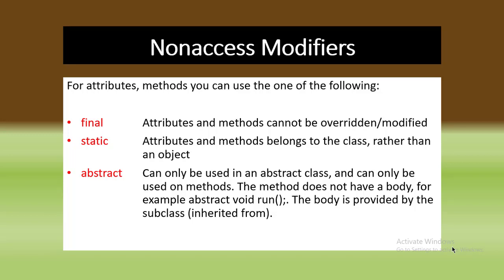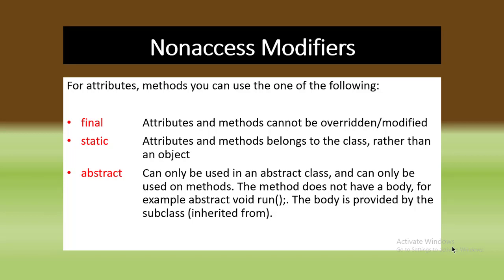For example, I create a variable: final name equals Danish. We can't modify this name because the name is final. When we make a method final, we can't override this method.